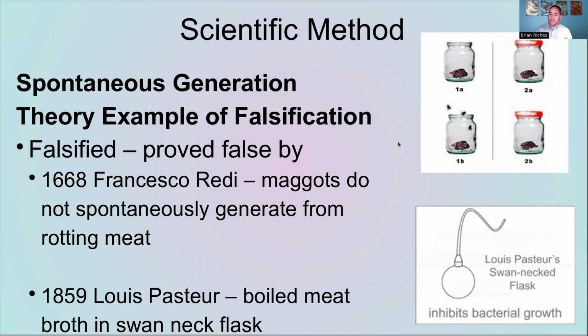So it actually took until 1859 and Louis Pasteur, who ran a very similar experiment. Rather than chunks of meat, to be a little more controlled, he boiled some meat broth and put it in a sealed, swan-necked flask. He was able to see that in these flasks, that weird film, they didn't know what it was called yet, didn't generate.